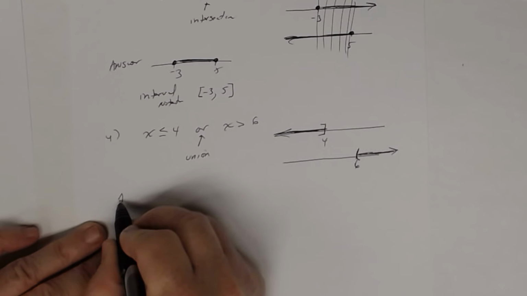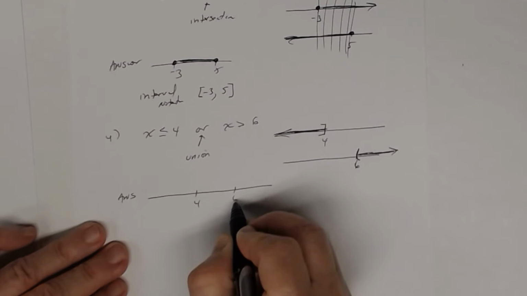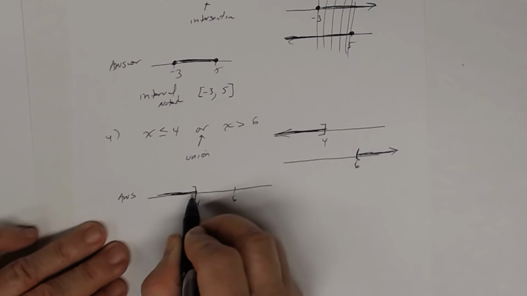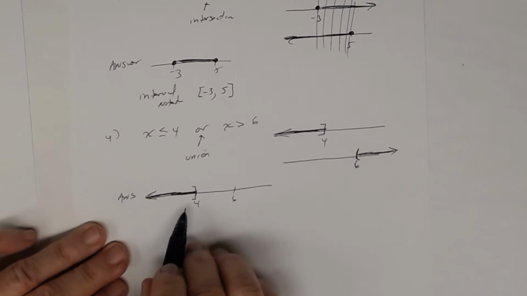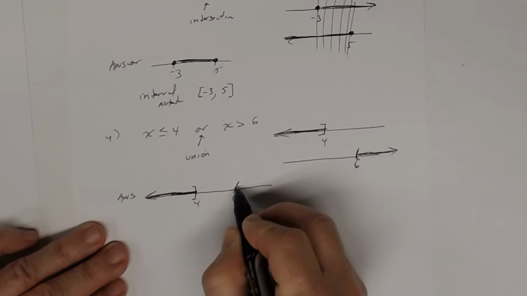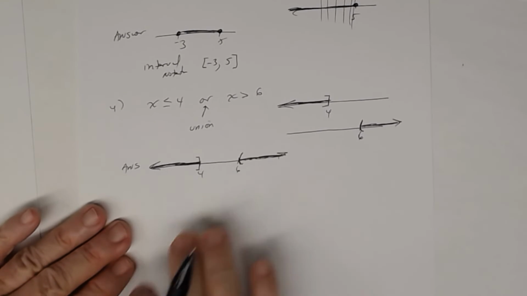So here's your answer. So your answer in one number line, here's 4, here's 6. So you're going to shade in 4 and everything going to the right with a bracket. And then parentheses, make sure it looks like parentheses, and then going to the right. Okay? And so there's your answer.